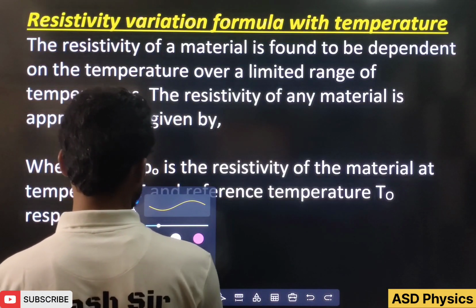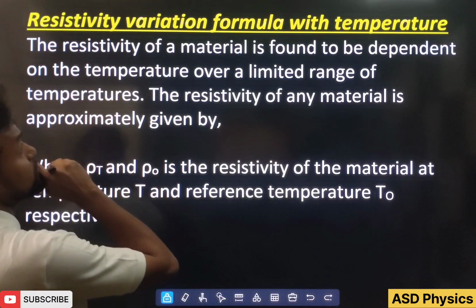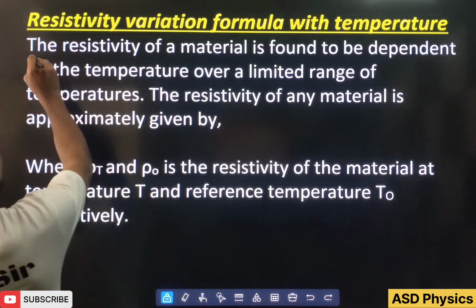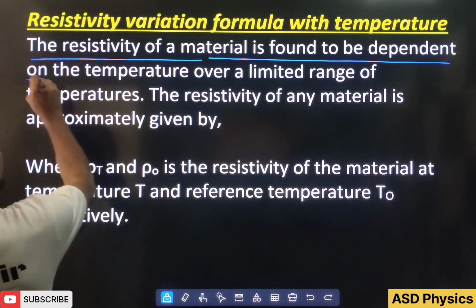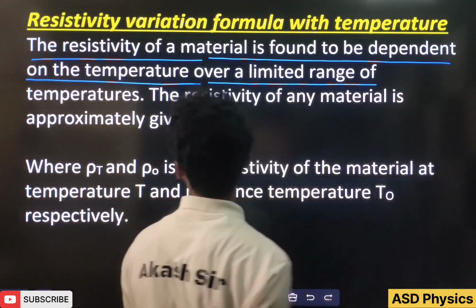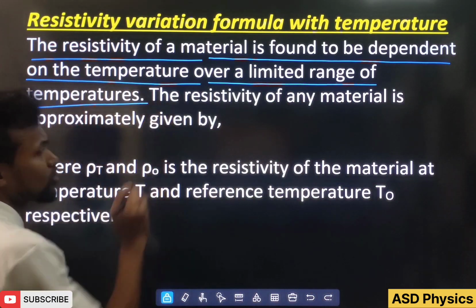Next one, students, see here the resistivity formula with the temperature. The resistivity of a material is found to be dependent on the temperature over a limited range of temperatures, not all the temperatures.